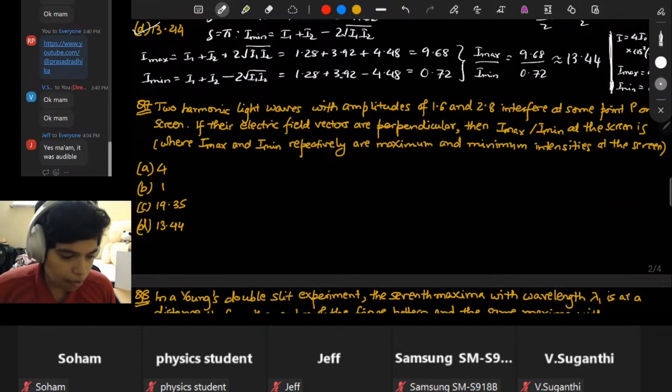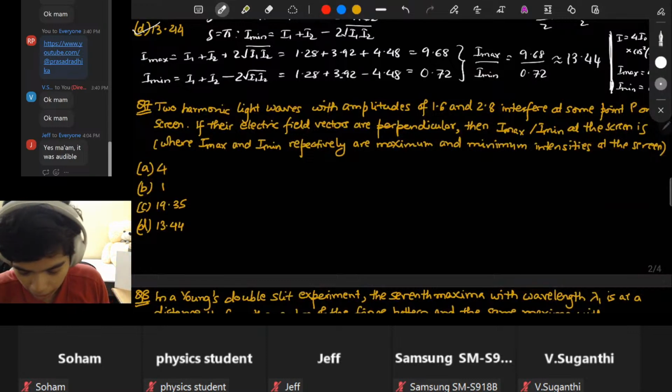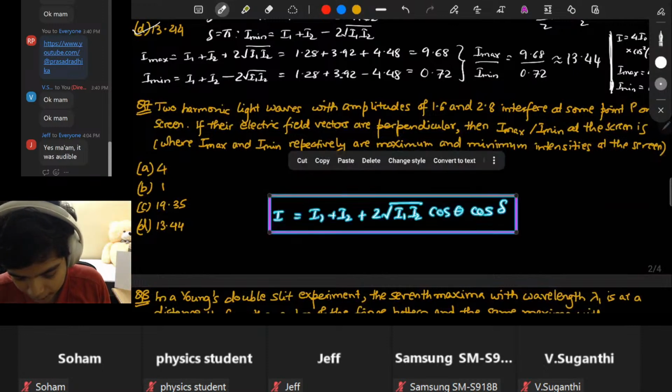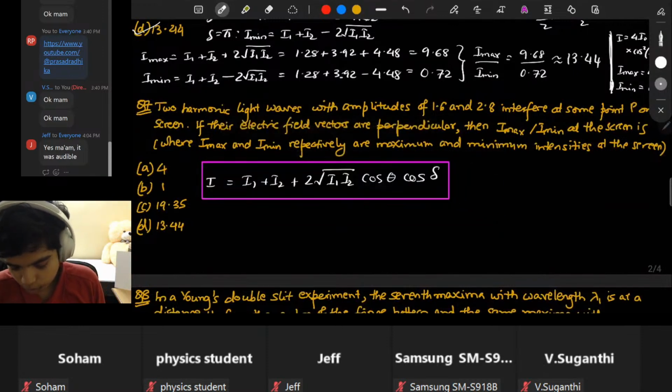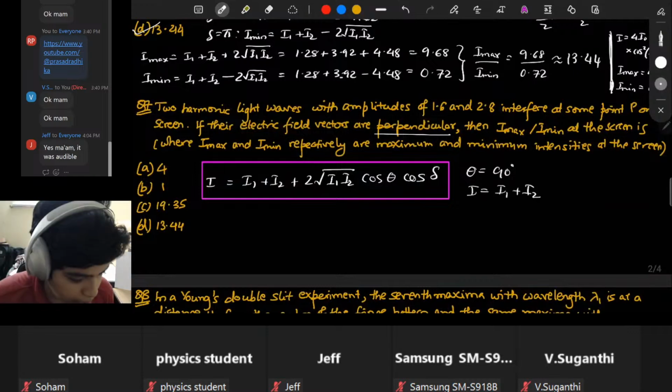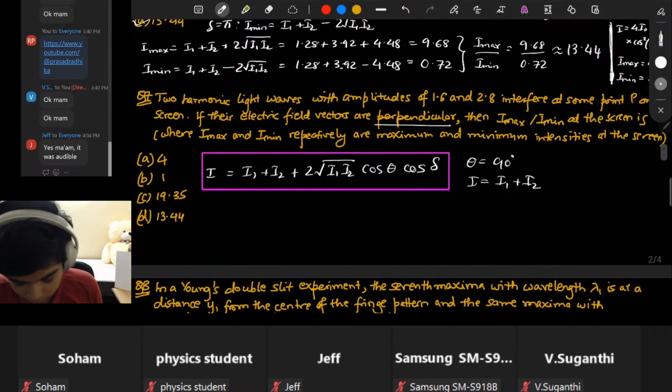This time we have orthogonal polarization, and as in our master equation over here, theta is equal to 90 degrees, since perpendicular means 90 degrees. That's why we get I equals I1 plus I2 simply. Just to remind, theta was the angle between the field vectors.